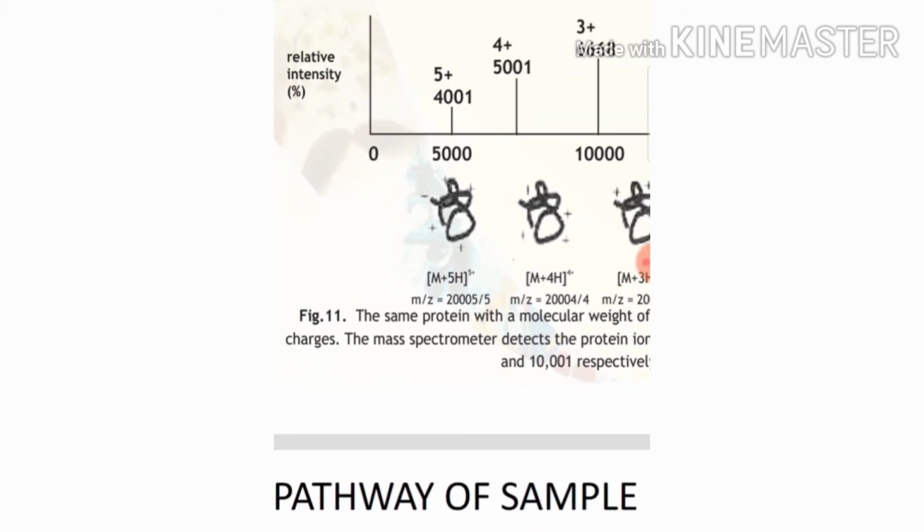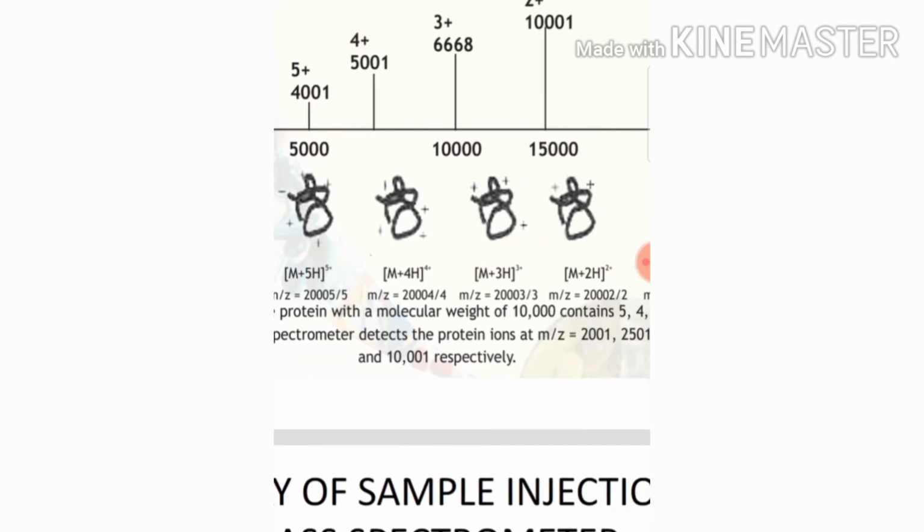On the basis of that mass by charge ratio, the mass spectrometer will differentiate the molecular mass of a particular unknown ionic form of the protein sample or any biomolecule sample.